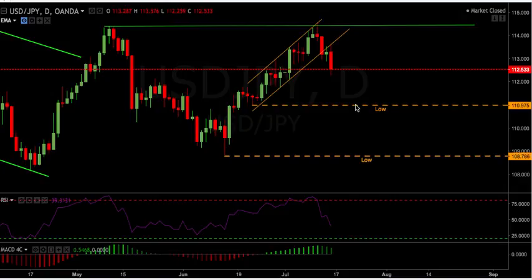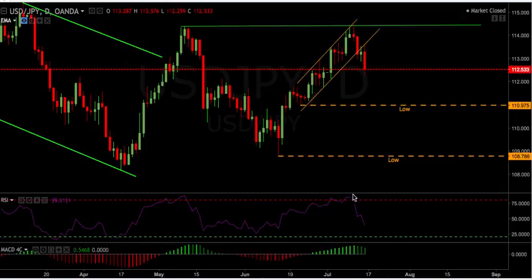Okay, next we have dollar yen. Dollar yen has been rising correctively on the daily chart, which means we're still looking for a bearish impulse to change our opinion, but we're not getting it. RSI is dropping correctively, which means this bullish move is still in force.